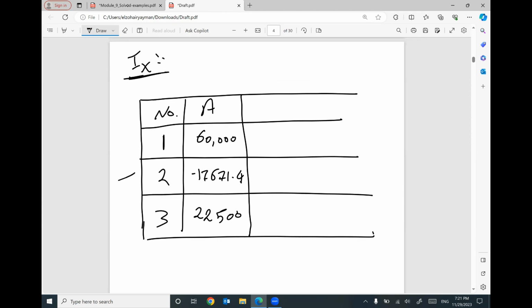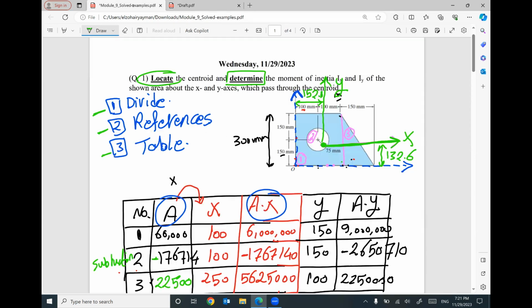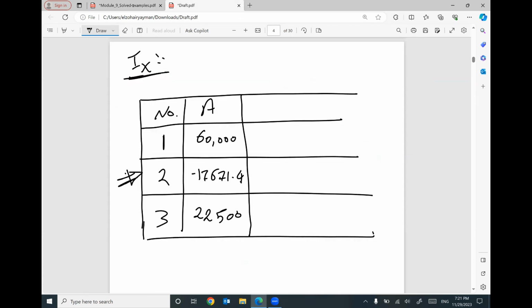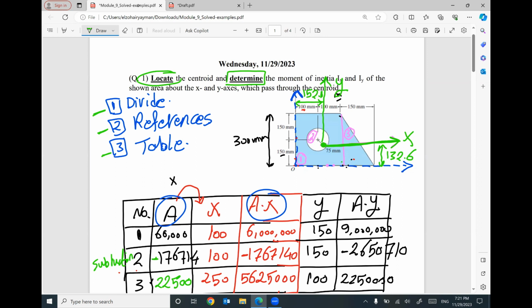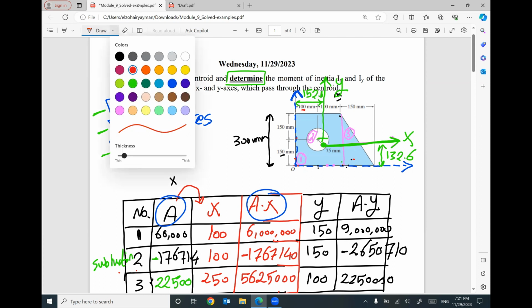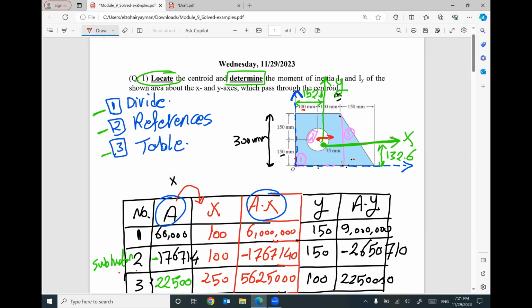One more time, why is part 2 negative? Because it's a hole. I have to subtract this area. Does that make sense? Then, what is the moment of inertia for each part alone? For part number 1, it's a rectangle. Moment of inertia about the x-axis, if you assume your x-axis is here at the centroid of this part, is parallel times perpendicular cubed divided by 12.